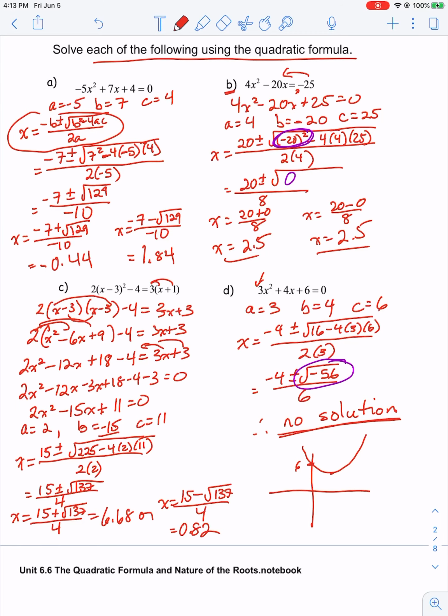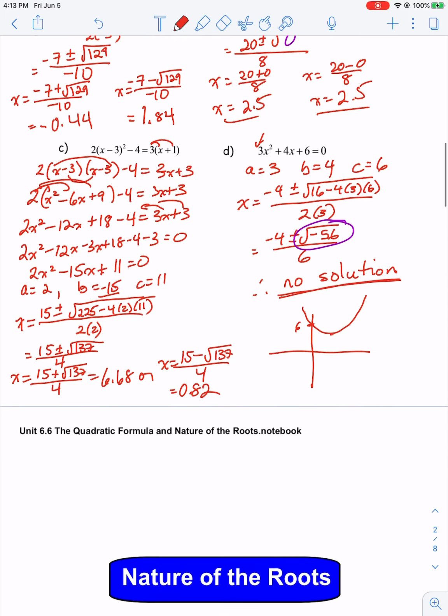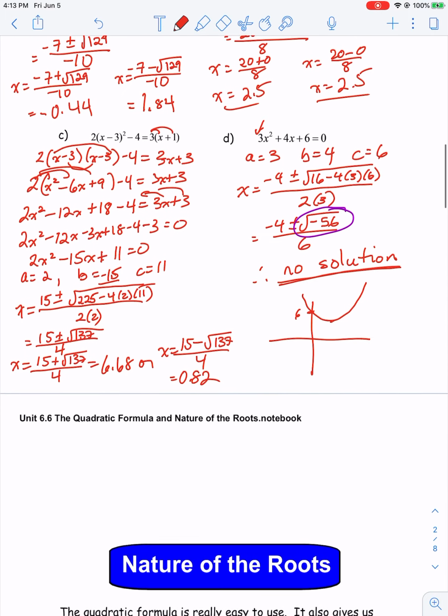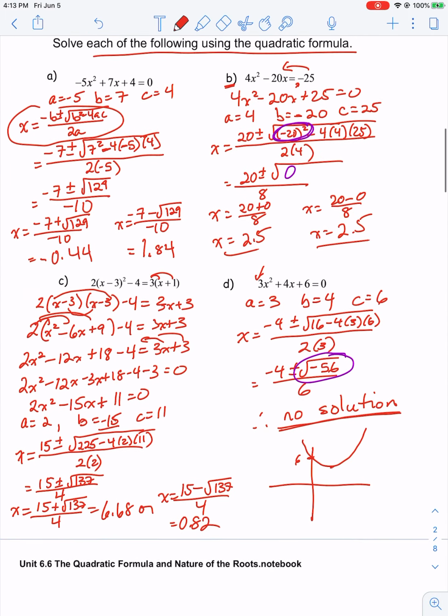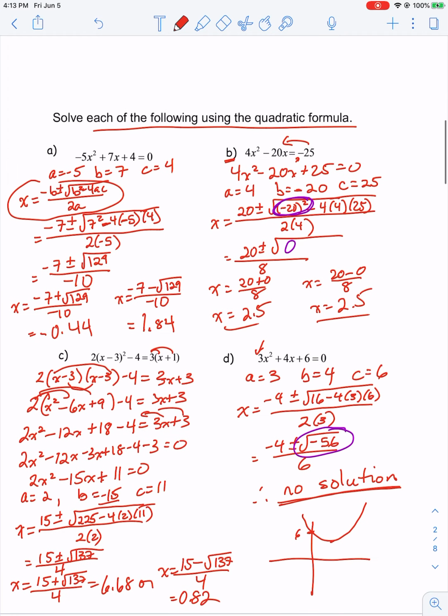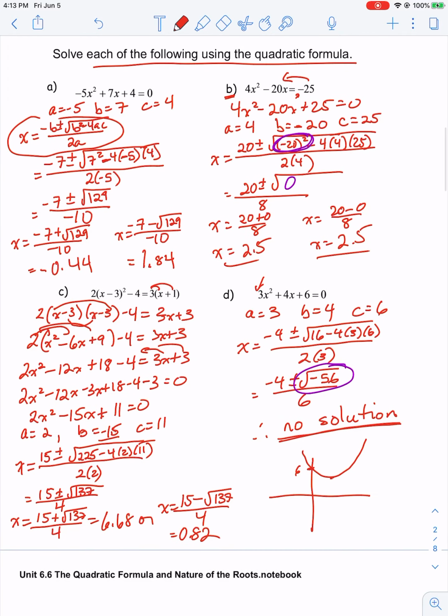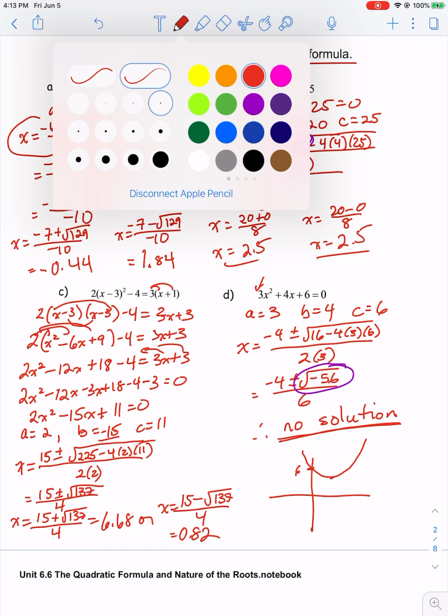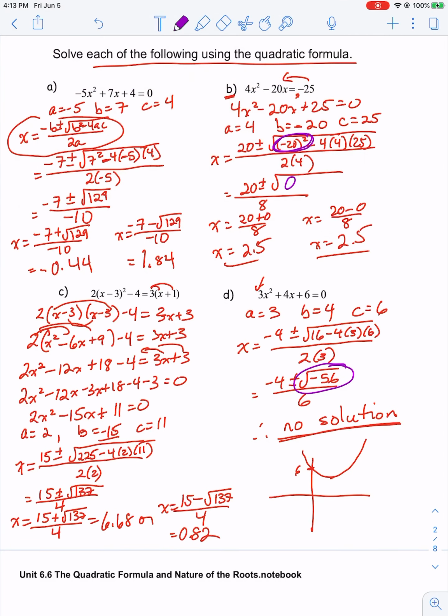Okay, I'm going to stop this video here, and the next part of it is talking about what kind of roots you can get. We've kind of seen a little bit of what can happen, just to give a bit of a precursor to what's going on. In this question, we have two different roots. They are real numbers.